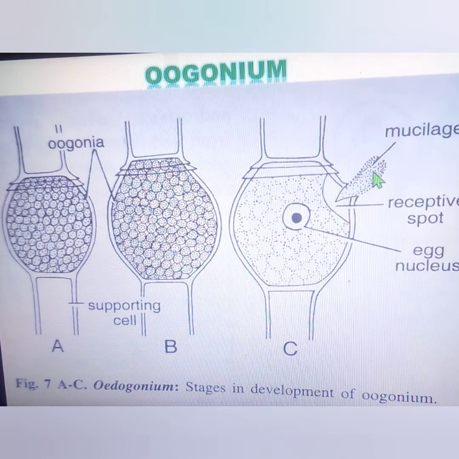When the antherozoid or the male gamete enters through this receptive spot, the egg nucleus, just before fertilization, moves just under this hyaline area or receptive spot, and there is production of a gelatinous, mucilaginous substance to facilitate the entry of the male gametes or the antherozoids into the oogonium. So this is the development of the oogonium in both the macrandrous as well as the nannandrous species.